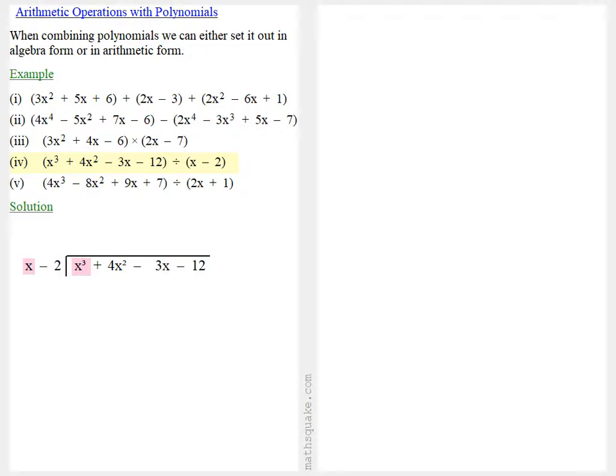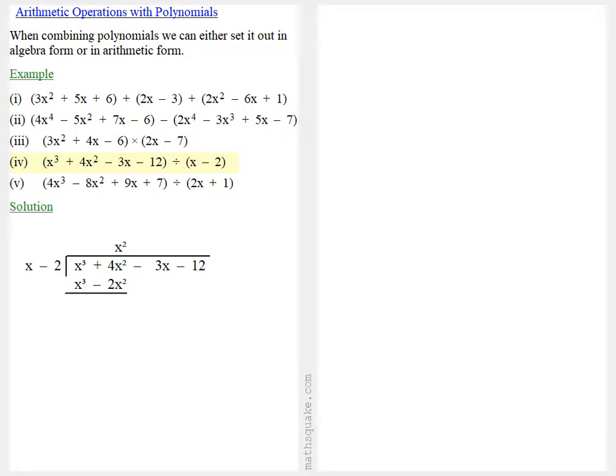Now to start, we divide x into x cubed, and that goes x squared. We write x squared in the x squared column. Then we multiply x squared with x minus 2 at the front, and that gives us x cubed minus 2x squared, and we do a subtraction.